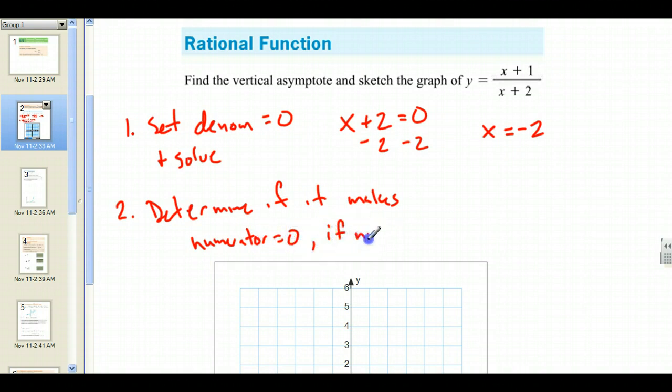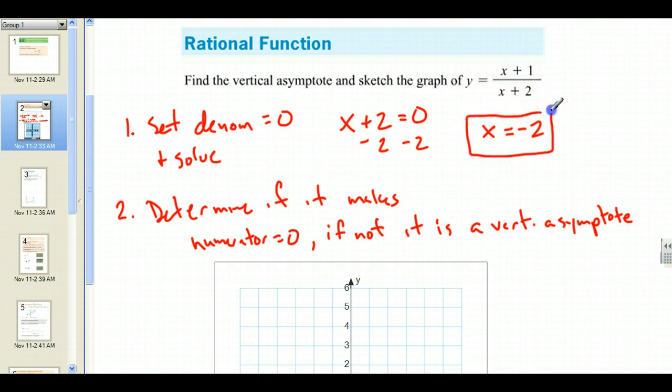If not, it is a vertical asymptote. Alright, so we checked it. It did not make the top equal to 0, so it is a vertical asymptote. Alright, and sketch the graph of this thing.